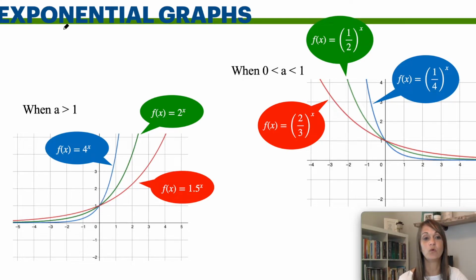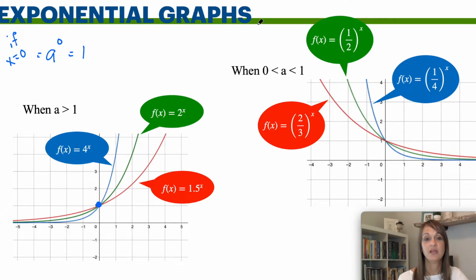They will all cross at 1, and the reason is because any number raised to the 0 power, if x equals 0, is the number 1. And so that's why every exponential function graph, the parent function, for example, is going to cross at 0, 1.